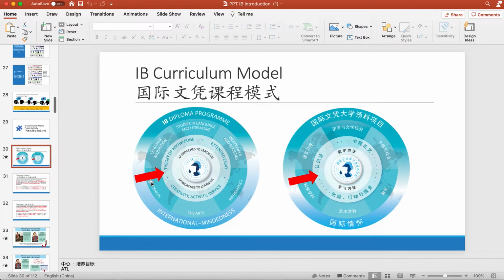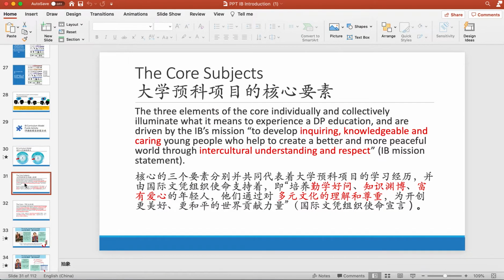After that, I bring their attention to the core subjects, which are theory of knowledge, extended essay, and creativity, activity, and service. Then I make a link to why the core is very important: it really supports the IB mission statement, which is to develop inquiring, knowledgeable, and caring young people who help to create a better and more peaceful world through intercultural understanding and respect.